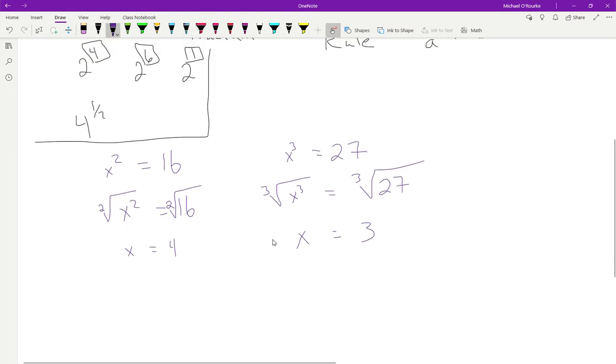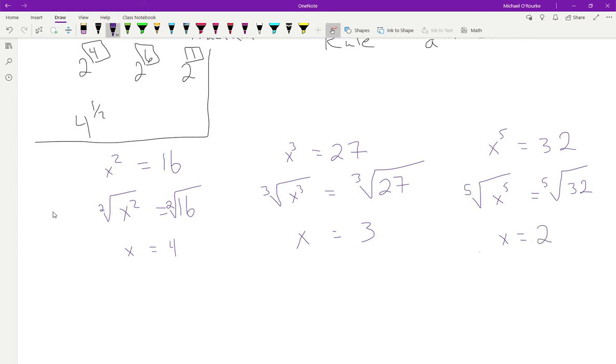Now we could do one more, where x to the 5 equals 32. We take the fifth root of x to the 5 and the fifth root of 32. So I bring up my calculator here. If I go 5, second function, 5, and then 32, that gives me 2.